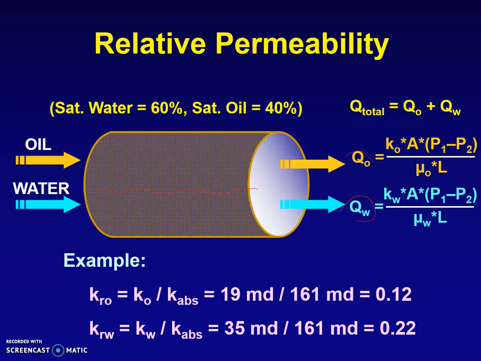Therefore, instead of absolute permeability in Darcy's equation, for each of these liquids we can write: Qo is Ko A (P1 minus P2) over mu o L, and Qw is Kw A (P1 minus P2) over mu w L.